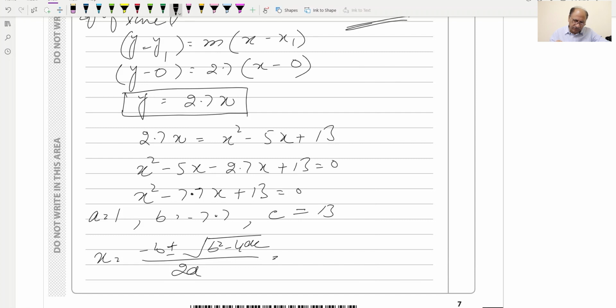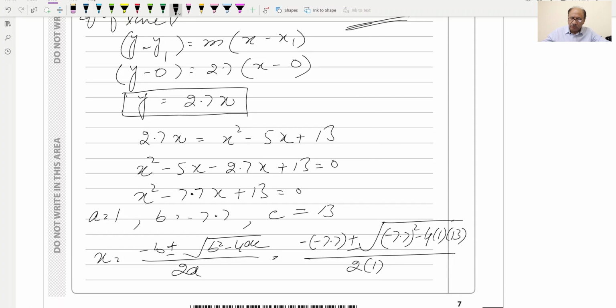If we replace the values we'll get minus into minus 7.7, plus or minus the square root of minus 7.7 squared minus 4 into a, which is 1, and c, which is 13, over 2a, and 2 into a value is 1.